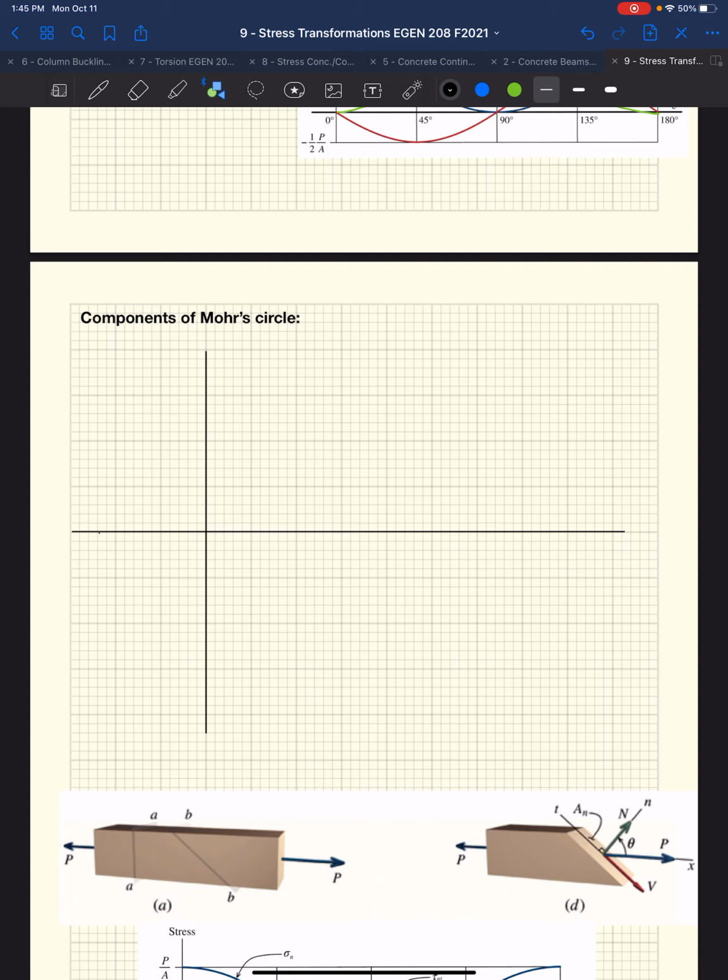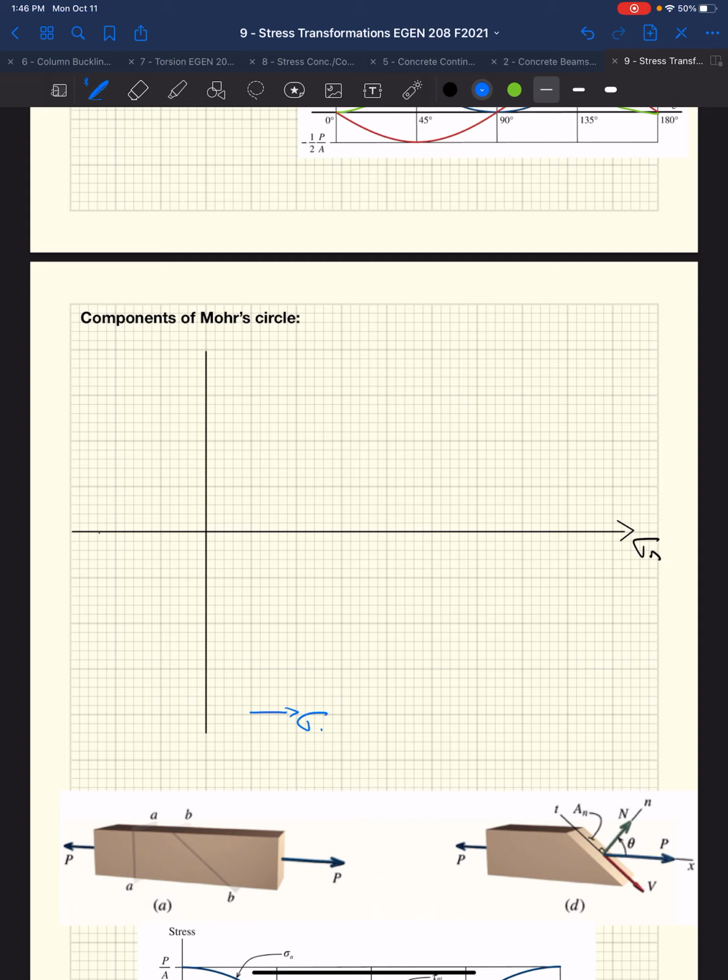So we have two axes, as normal, an x and a y. Well, on the x-axis, we plot our normal stress. That normal stress is plotted based on that normal stress being tension or compression. If that normal stress is tension, or positive, we'd be on the positive side of the x-axis.